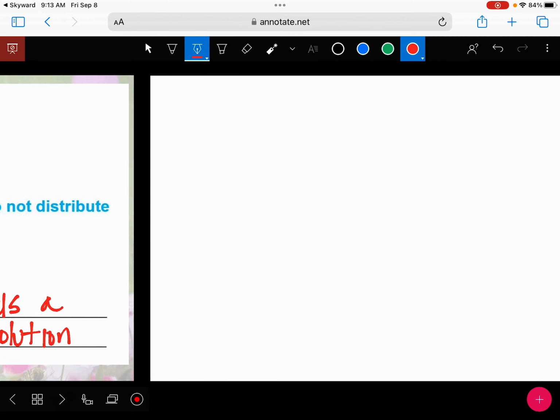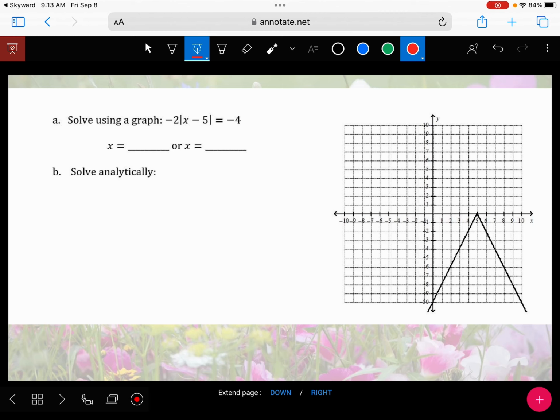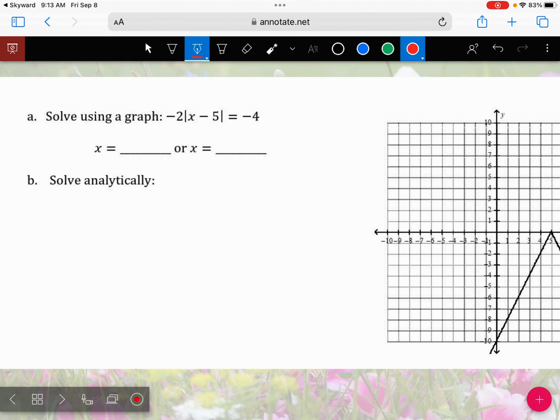Okay, so let's go ahead. So this is a graph of an absolute value, okay? So we're going to solve this with a graph, but mainly we're solving analytically. So what we have is this equation right here. That V that you see, that represents this half of my equation.